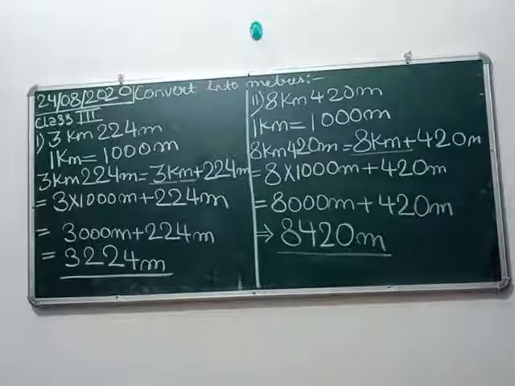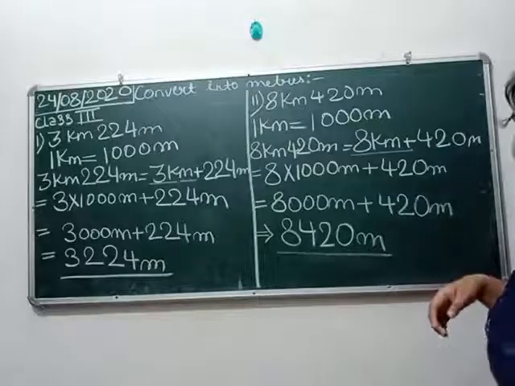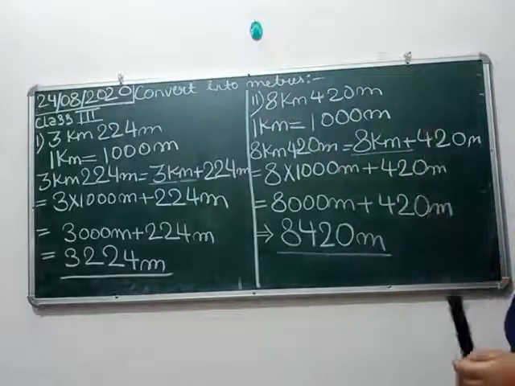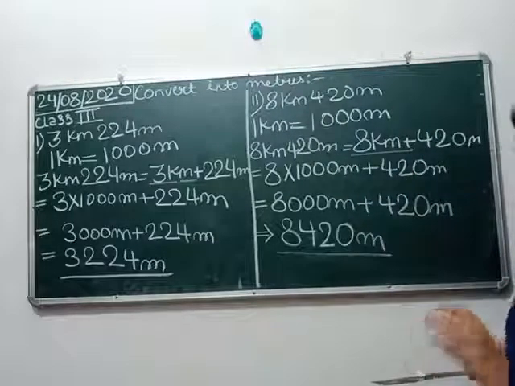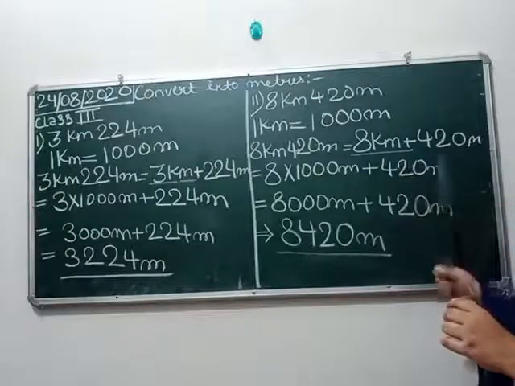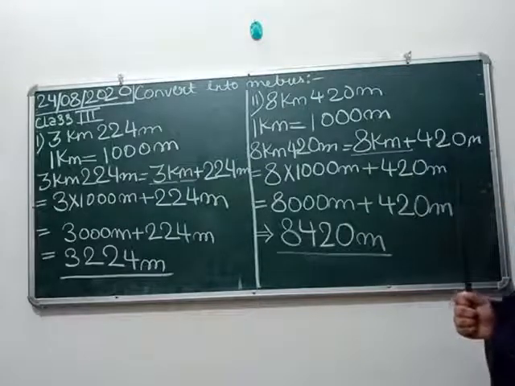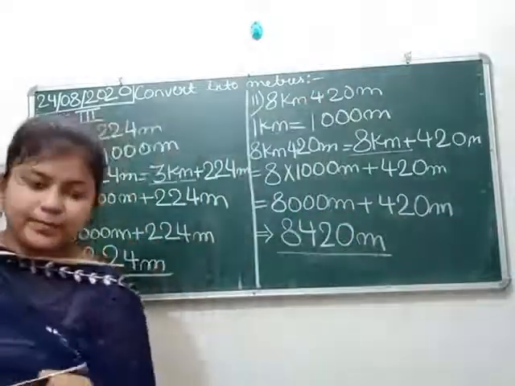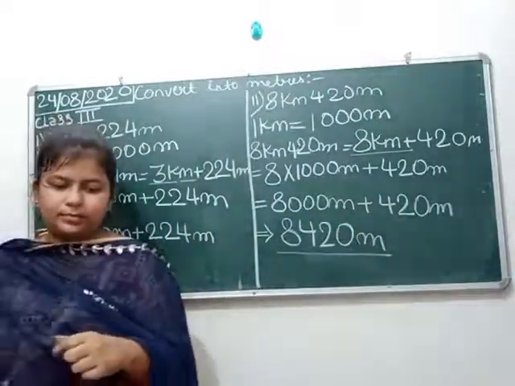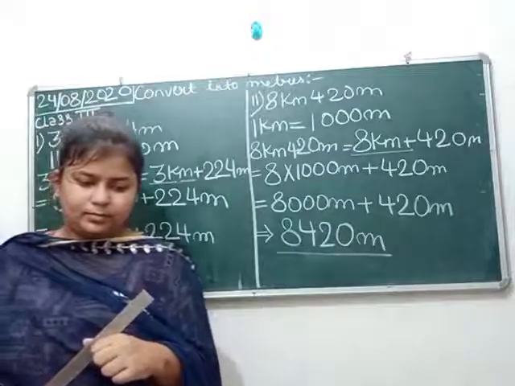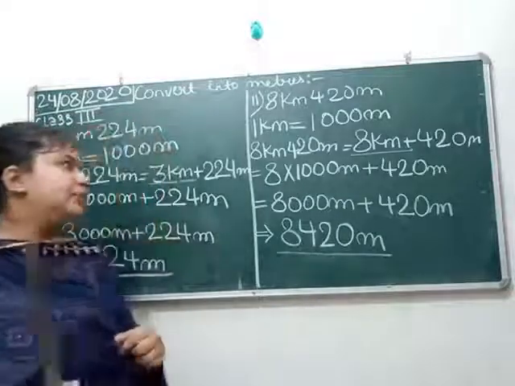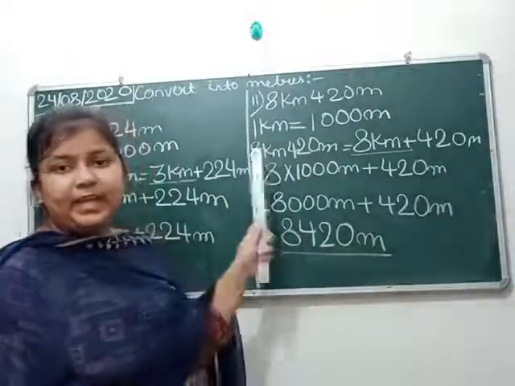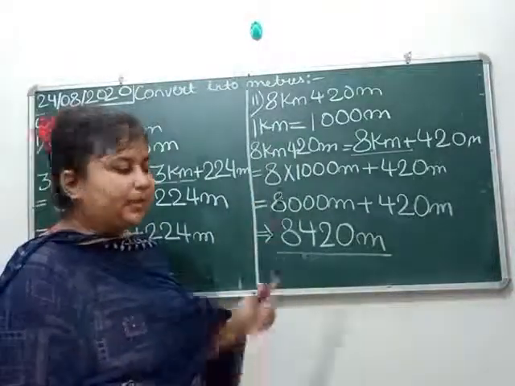Okay. Now see what happened. Here we are having 8 kilometer and 420 meter, that is 8 kilometer plus 420 meter. First line will be same: 1 kilometer equals to 1000 meter.